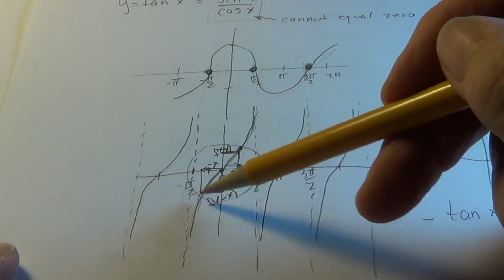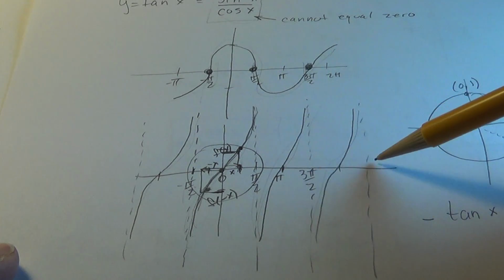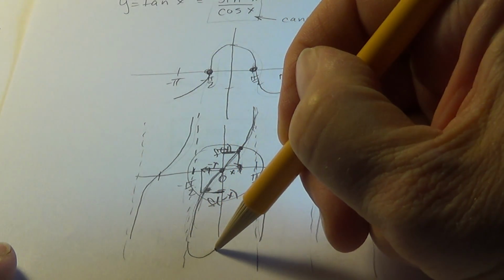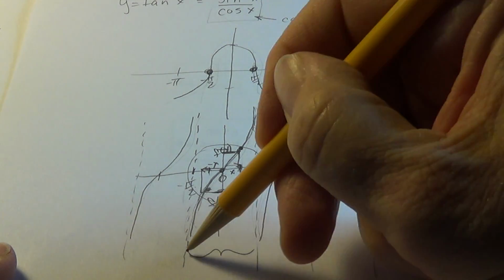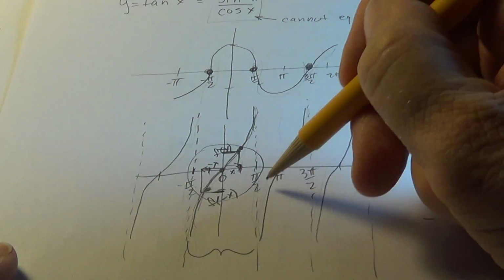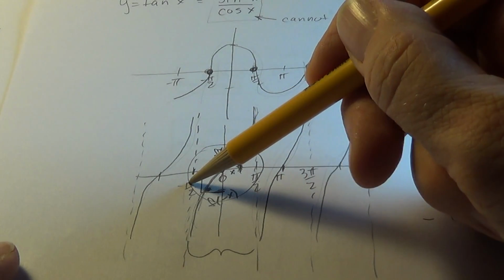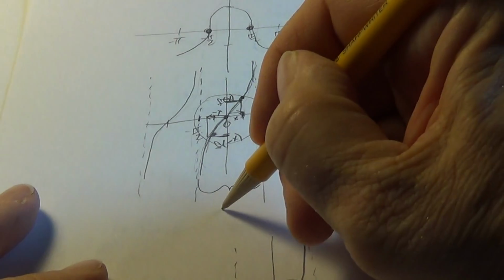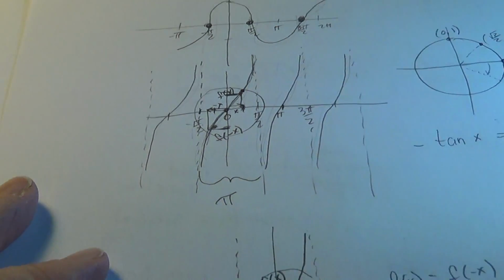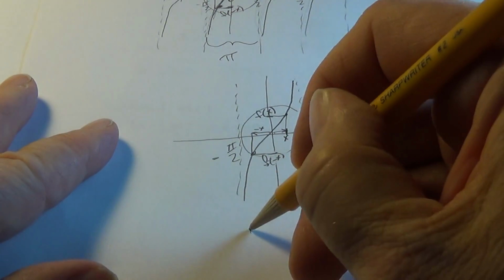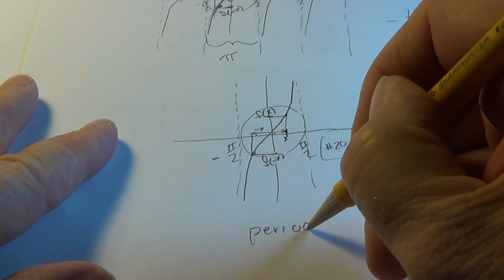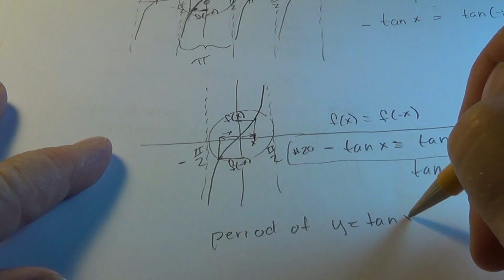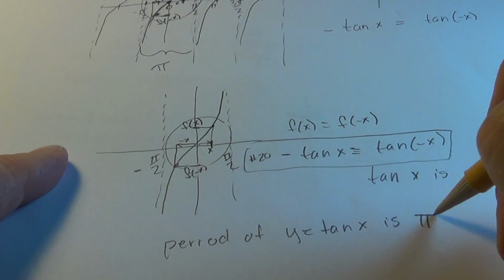I know some of my markings are clouding over some of the radian markings, but how far is it from here to here? I think you can see that's one cycle, one period before it repeats. So we went from negative pi over 2 to positive pi over 2, which is a distance of pi. So let's make a note of that. The period of y equals tan x is pi radians, or pi.